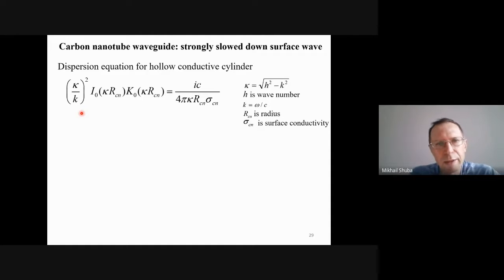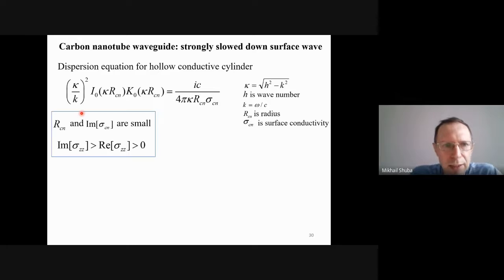What is interesting here is that the radius of the tube is very small, and the imaginary part of the conductivity is small as well.